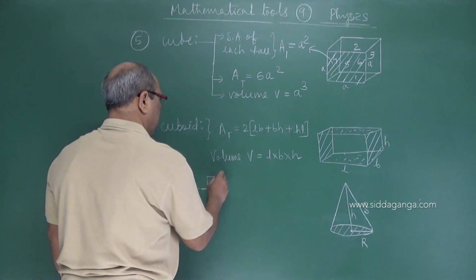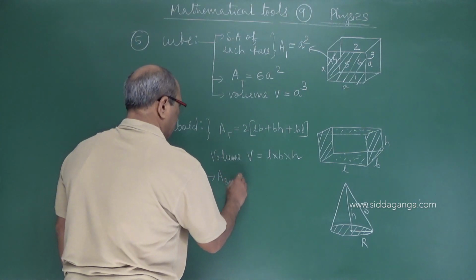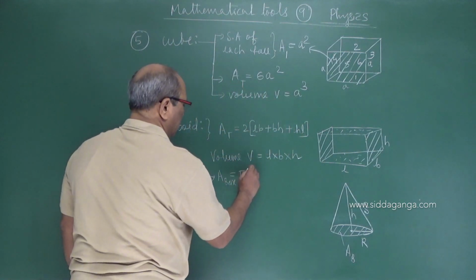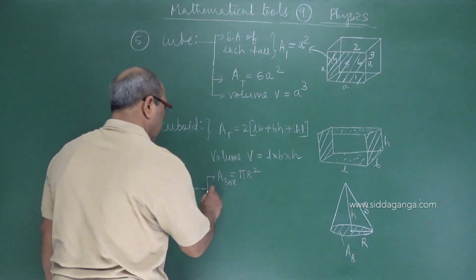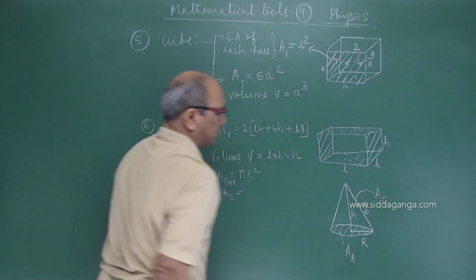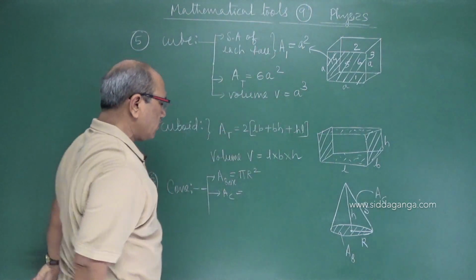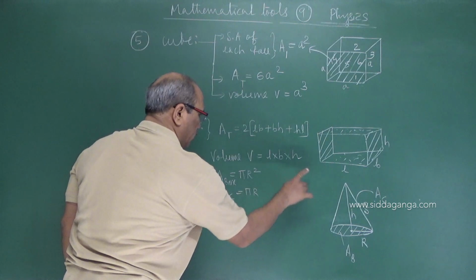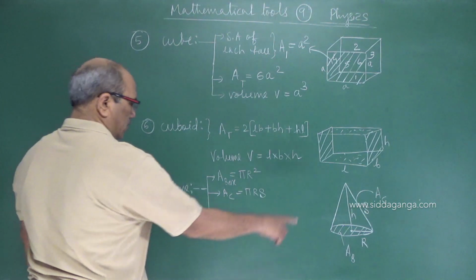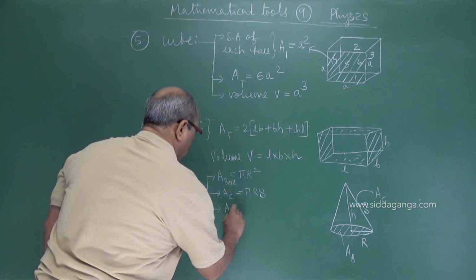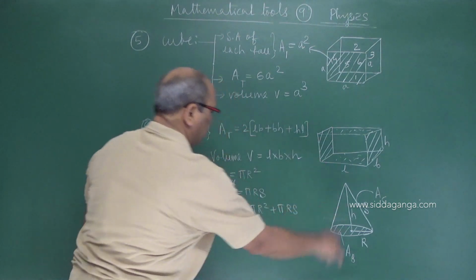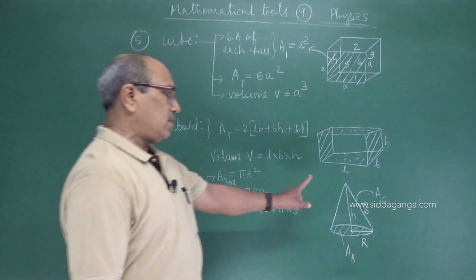Area of base is pi r square. Area of the curved surface, in the form of a cone, is pi r into slant length. Total area of this cone, pi r square plus pi r s, gives you the total surface area of the cone.